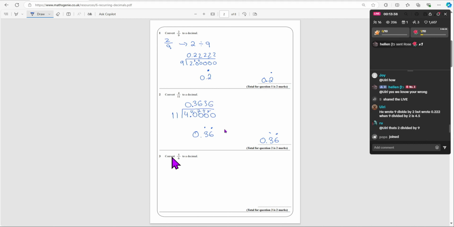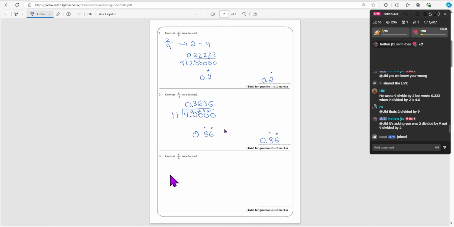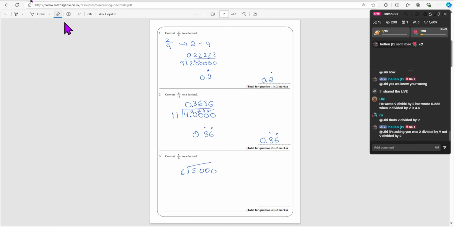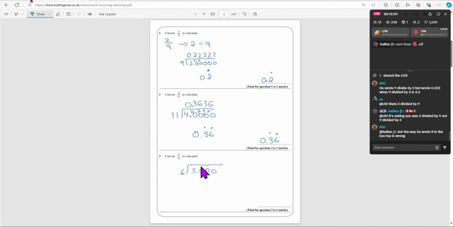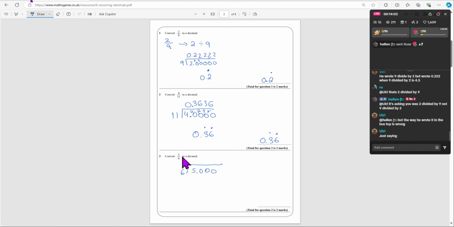So let's do another example. We're going to do 5 over 6 like that. We have to do 5 divided by 6. In the bus stop method, we're going to write this like this. 6 goes into 5 0 times.